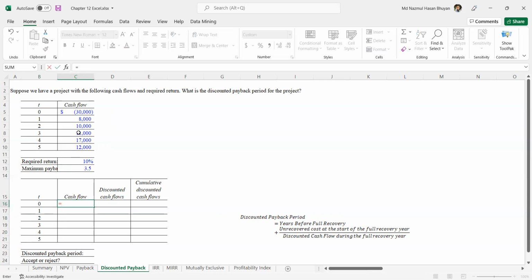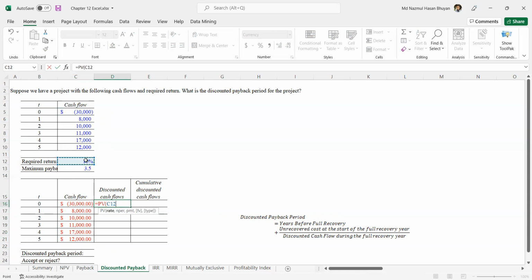All right. Now let us calculate our discounted payback period. To do so, copy all the cash flows to the discounted payback period table. Then calculate your discounted cash flows. To do so, we are going to use the PV formula, present value.